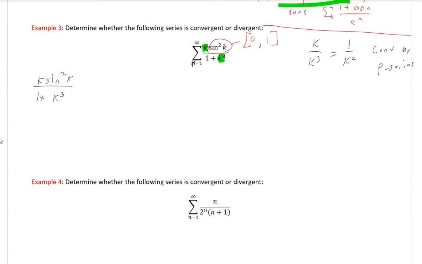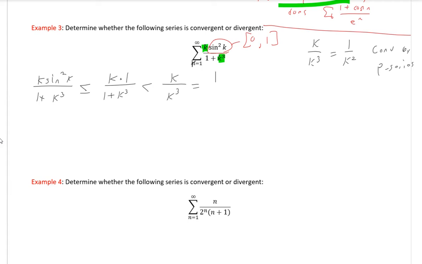Let's make sure our comparison works. This is going to be less than or equal to k times 1 over 1 plus k cubed, replacing sine squared with what it is at most. Likewise, because the denominator has a 1 plus, if we take out that 1 plus, that's also going to be strictly less than k over k cubed, because this one would have a larger denominator, so it would be likewise less than.